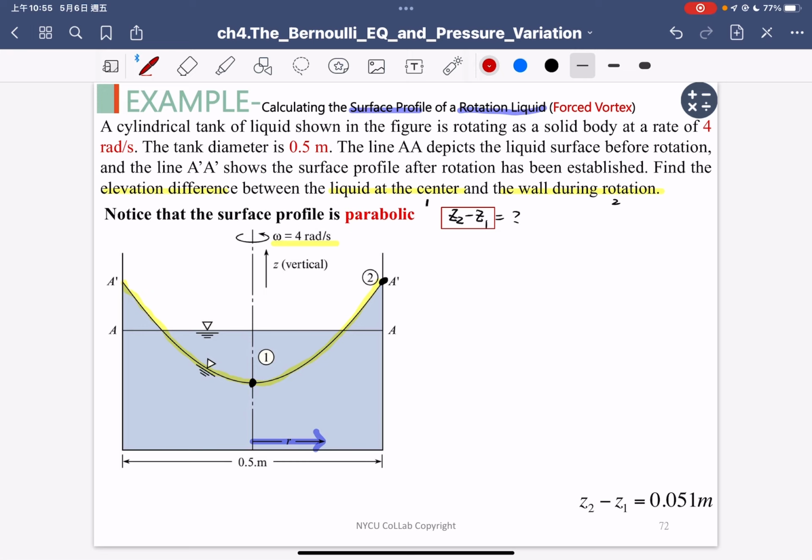As you can see, the condition here is a rotating flow, so we can apply the Bernoulli equation for rotating flow.